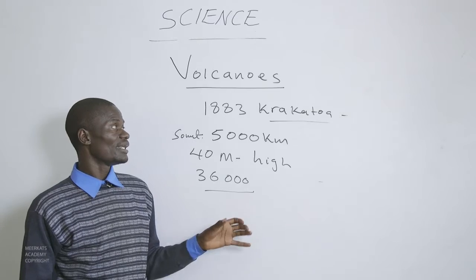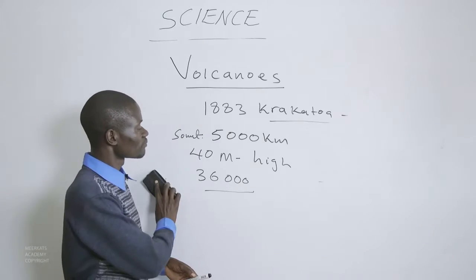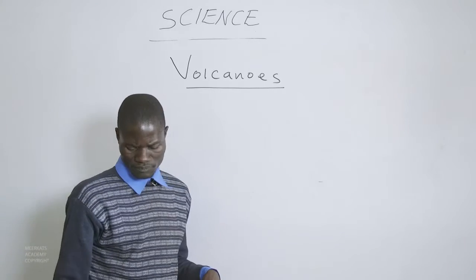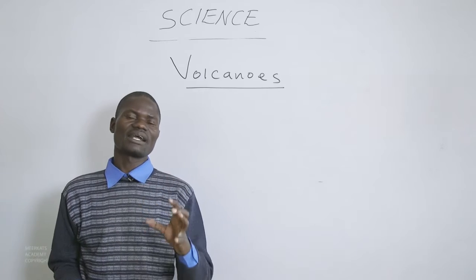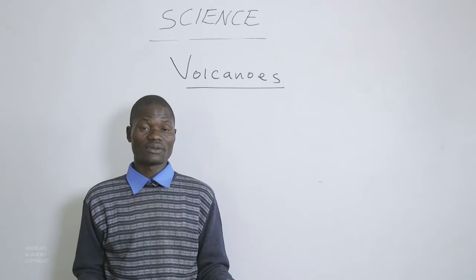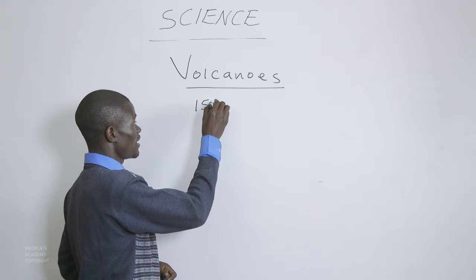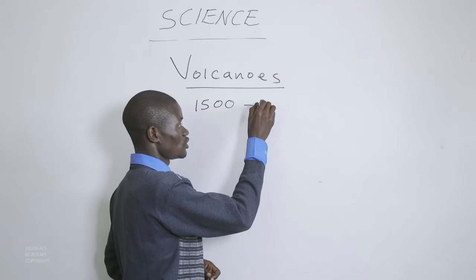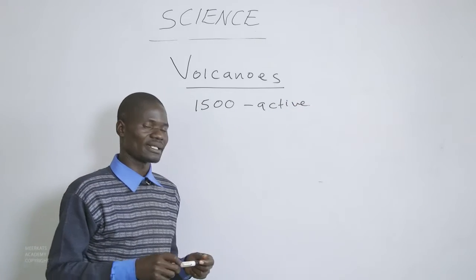Therefore, when we look into details about volcanoes, we'll find that there are around 1,500 volcanoes that are termed active in the whole world globally.